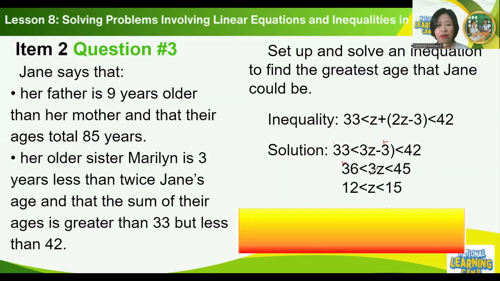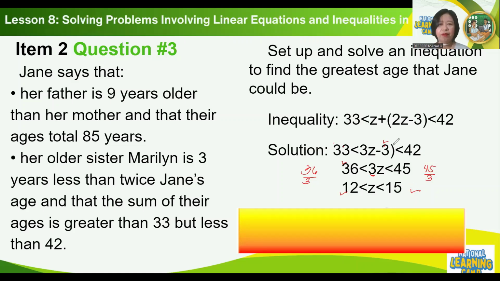So we are going to remove the 3 beside z. What you will do is divide 36 by 3 and on the right side, divide 45 by 3. So 36 divided by 3 is 12, and 45 divided by 3 is 15. Therefore, z is between 12 and 15.